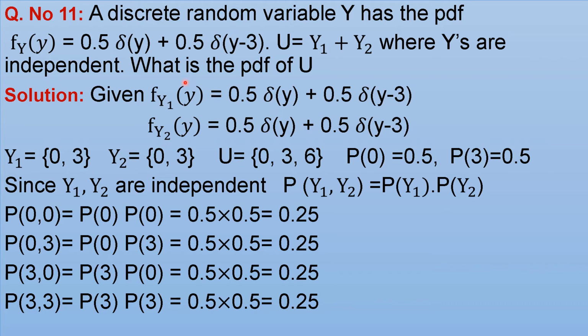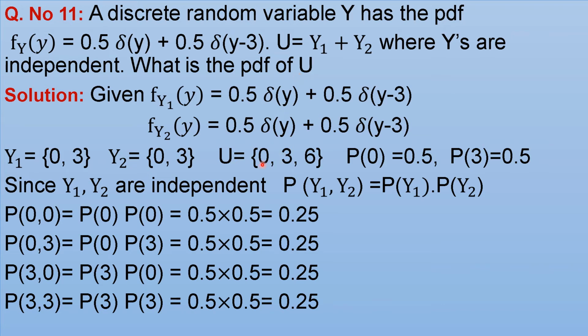Now the question is, what is the PDF of u? The probability density function of u, fu of u: since u is a discrete random variable whose discrete values are 0, 3, 6, we'll write the probability density function of u in terms of the delta function.